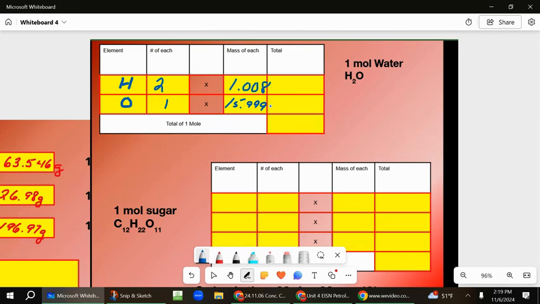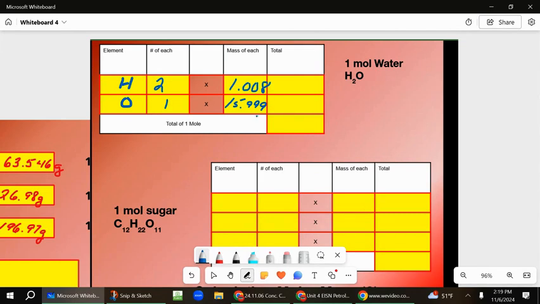Good. So now, ladies and gentlemen, to find a molar mass of this compound, we not only need to add up their masses, but we need to account for the fact that there are two hydrogens here to every one oxygen. So we are going to take these two hydrogens times this mass, and we are going to figure out what the total is here. So we're going to take 2 times 1.008.